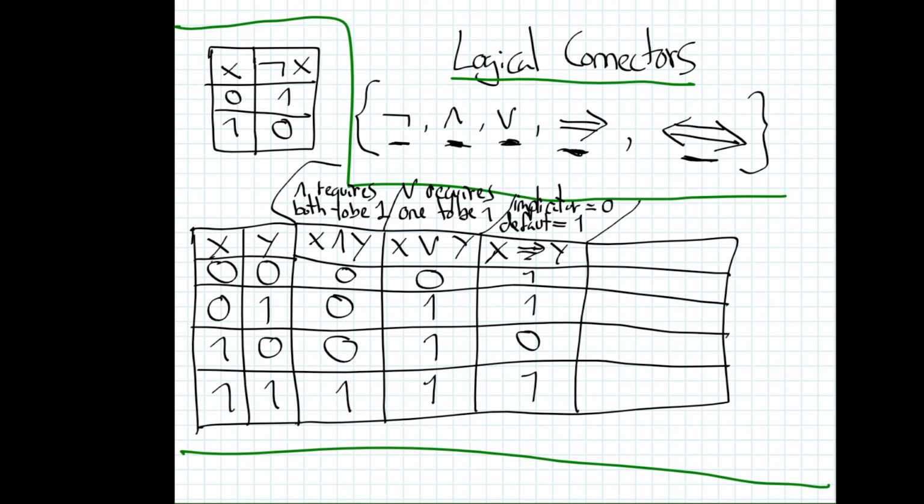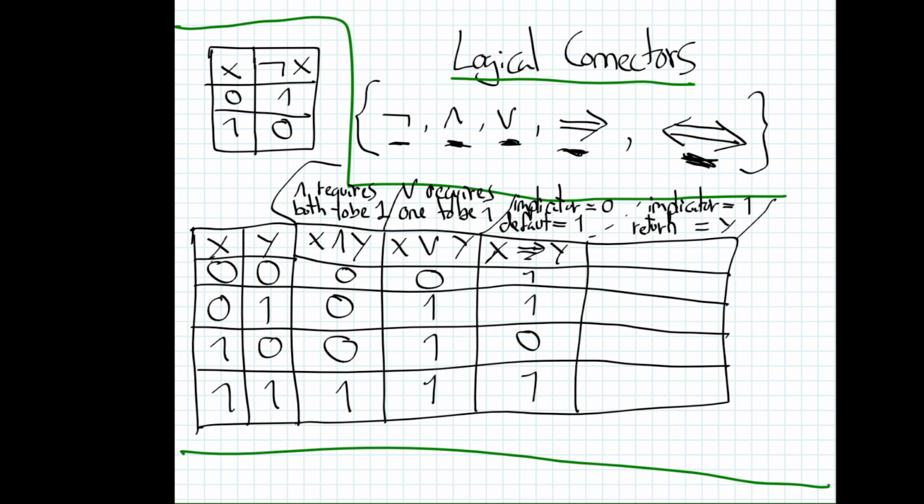And we need more space for this, so let's give it the corresponding space. And so if the implicator is 1, then the return value is whatever is in y. Okay, so that's that dealt with.